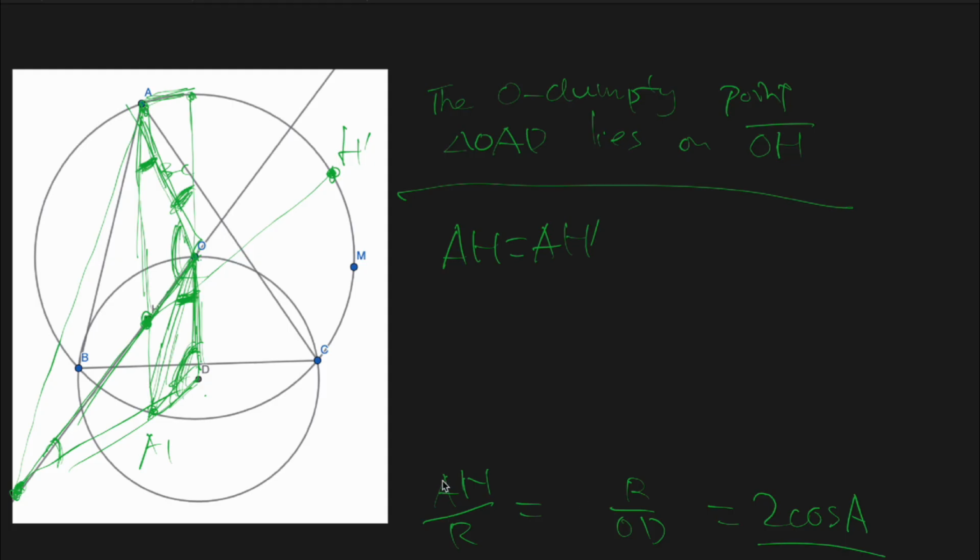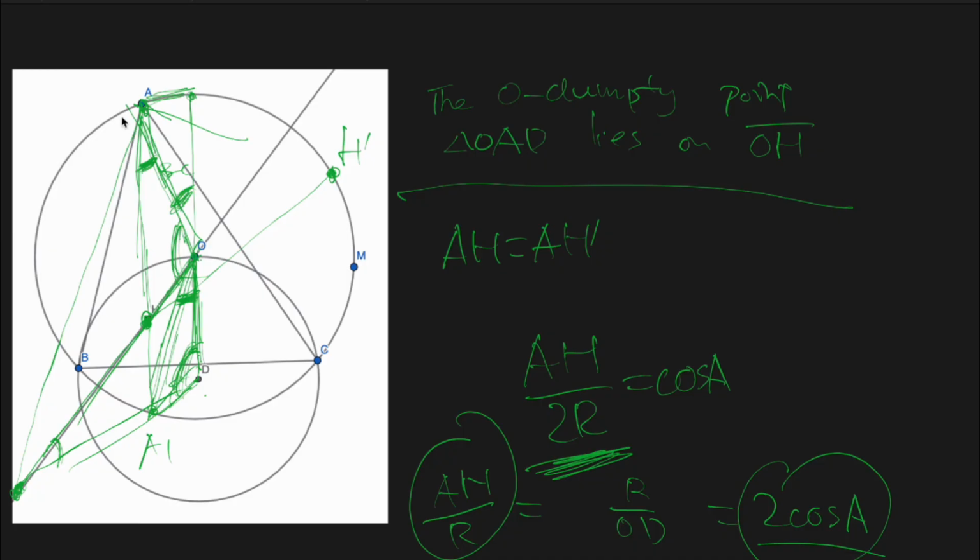And we want to show that AH over R is equal to 2 cosine A, which means we want to show that AH over 2R is equal to cosine A. But this looks so familiar, AH over 2R, that's just the extended sine law, right? We just have to find the angle that this arc subtends. Okay, and that should not be that difficult.